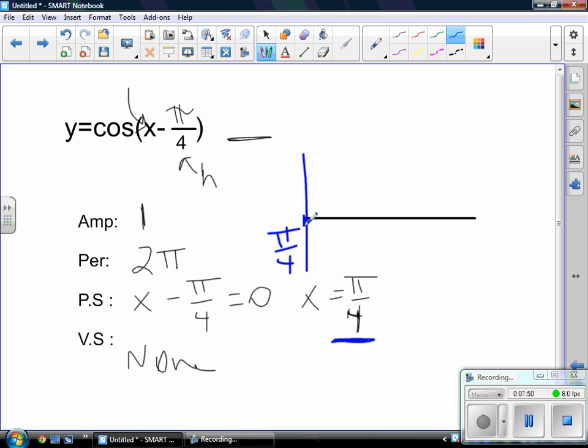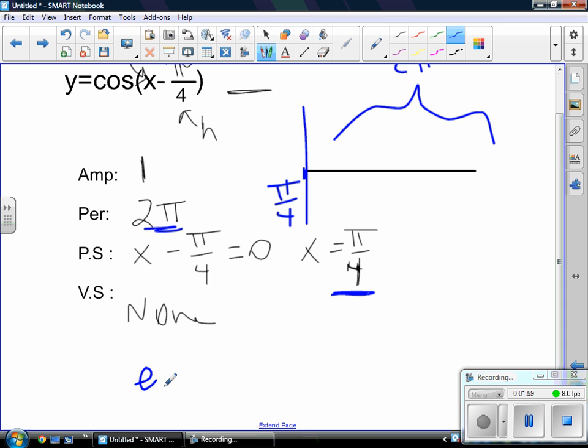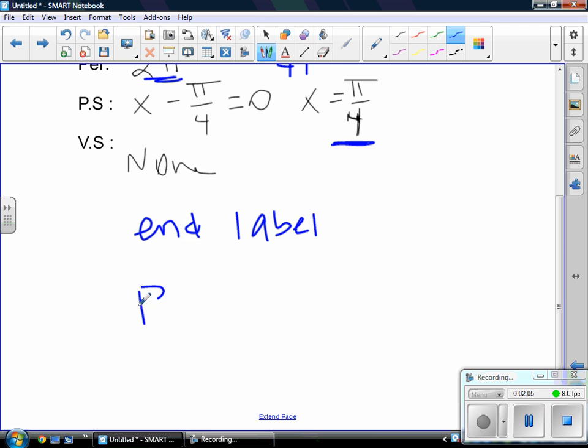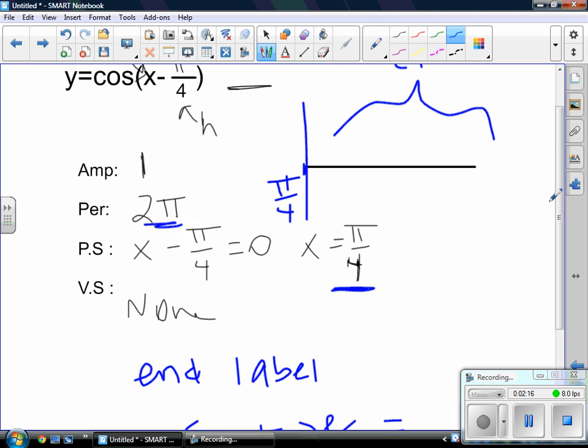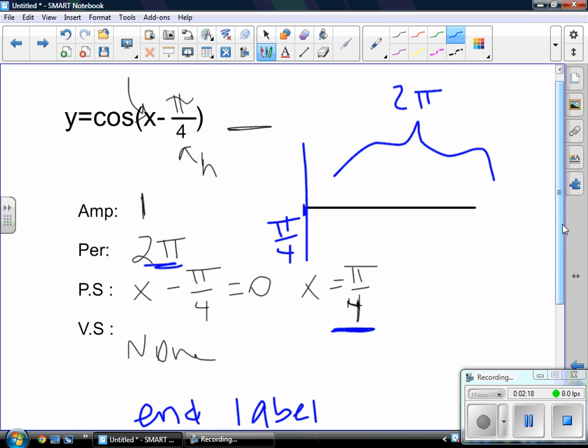My normal period is 2 pi, so the distance between the start and end needs to be 2 pi. To find where I end my labels, I take the phase shift plus the period, because I want the total distance to be the period length. Wherever I start plus this distance of 2 pi will give me the end of the cycle.